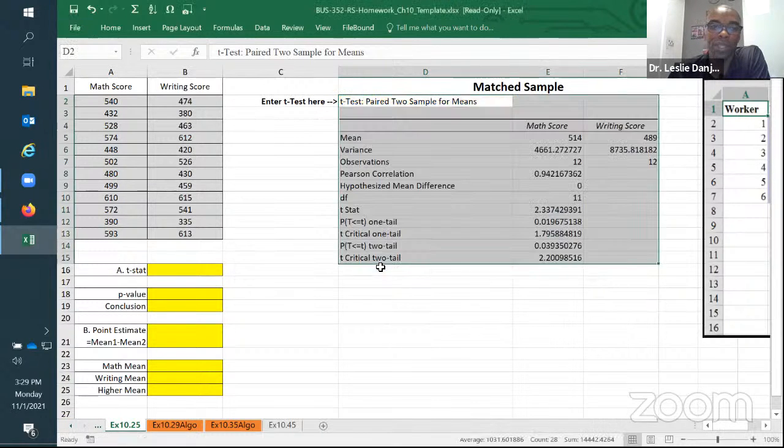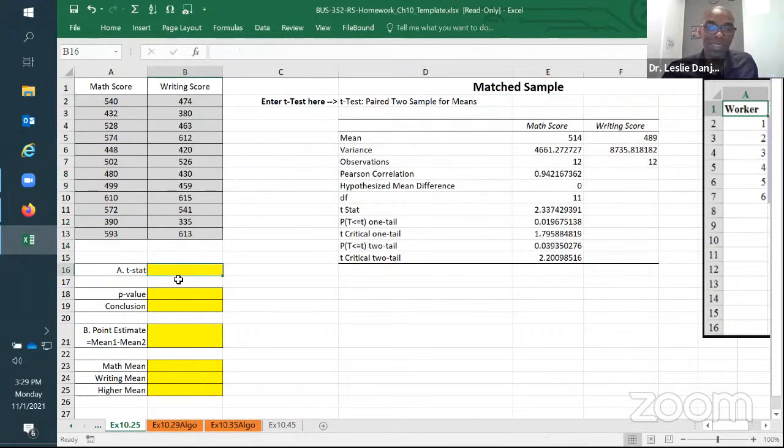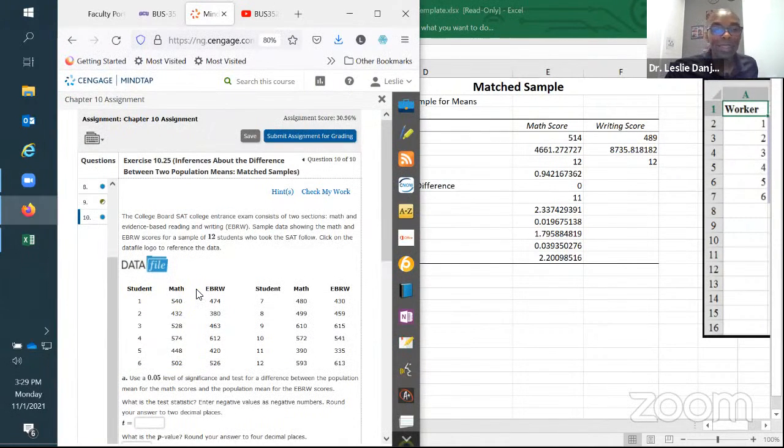All right, what is your test statistic? This is equal to this number right here. What is your p-value? Is this a one-tailed or a two-tailed test? So I'm going to go back to Cengage, and what I'm looking for is anything that says less than, greater than, or anything like that.